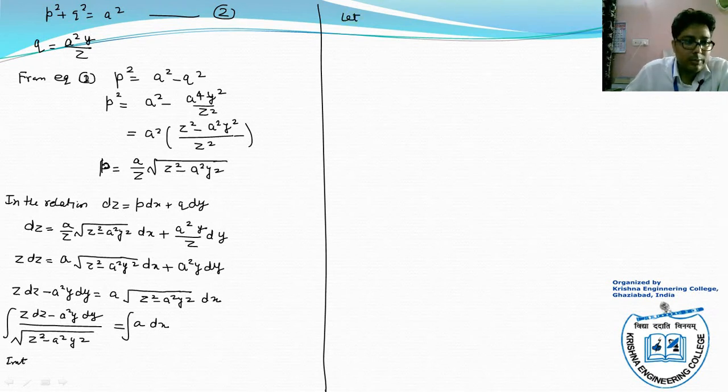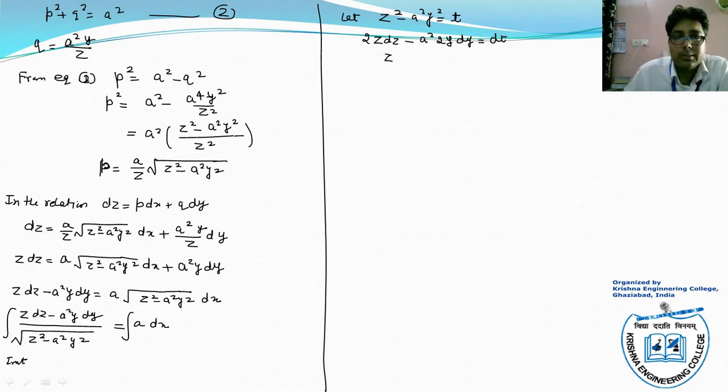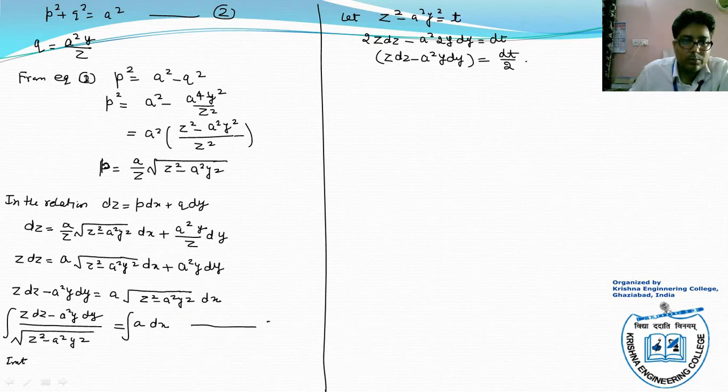Let us integrate the LHS. Let z square minus a square y square is equal to t. Then 2z dz minus a square 2y dy is equal to dt. So z dz minus a square y dy is equal to dt upon 2. This is equation number third.